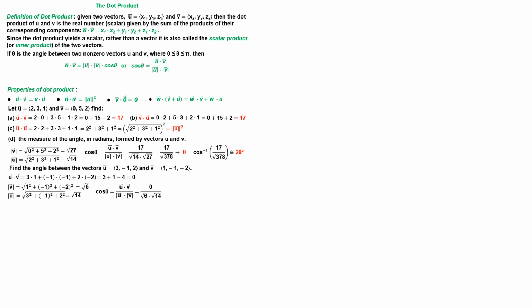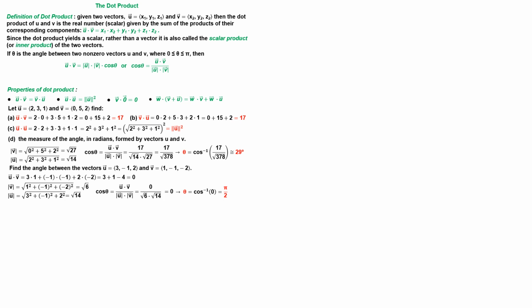When the angle between 0 and pi radians satisfies cosine of theta equals 0, it means that theta equals pi over 2 radians, and this shows that the vectors u and v are perpendicular. Hence, by utilizing the dot product, we have an effective way of ascertaining if two vectors are orthogonal or not.